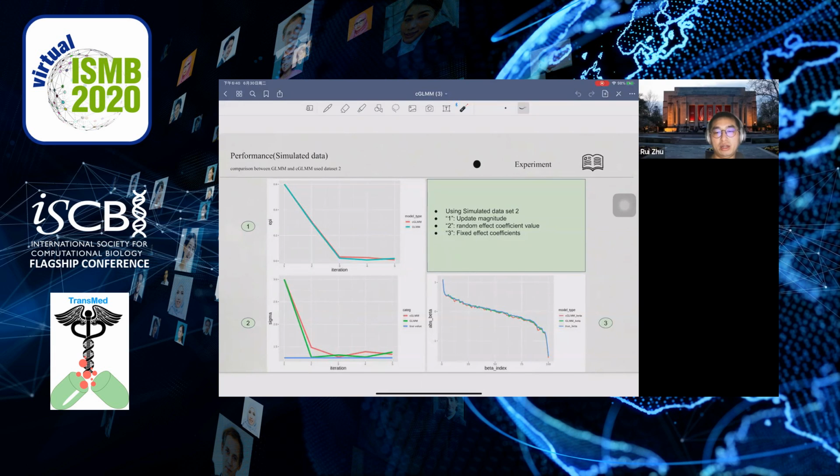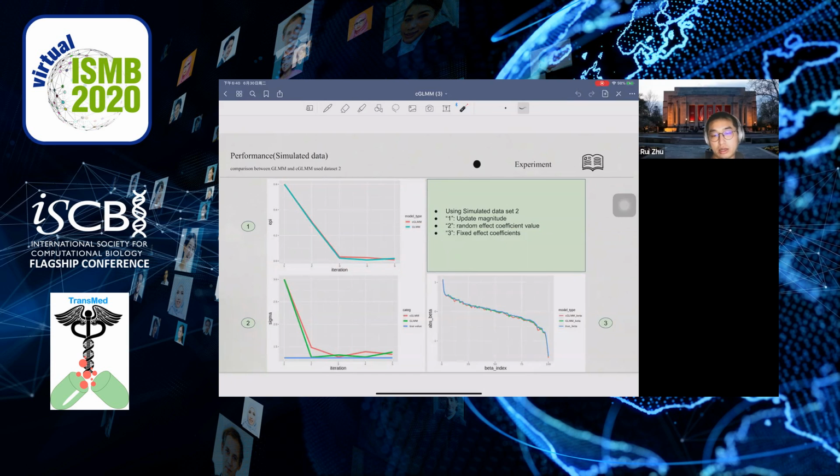We didn't show all the pictures here. The first picture is the update magnitude. The x-axis is the iteration. We have 5 iterations in this experiment. And we can see the GLMM and CGLMM performance is pretty close.